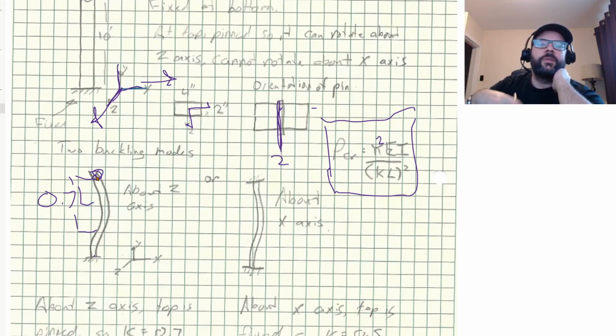Only the pin allows it to rotate about the z-axis. It can't rotate about the x-axis. So effectively, if we're looking at it for about the x-axis, it's fixed. So there, our effective length is 0.5 L.